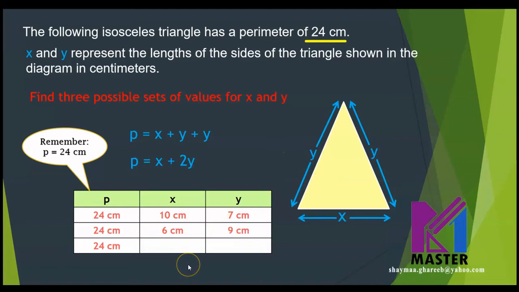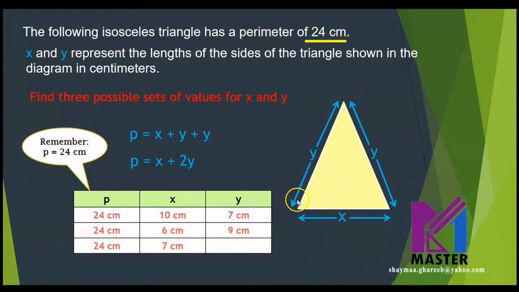We can put another value for the x. What if x equals 7 centimeters? So in this question, you can try many values of x and each time find the value of the y. Is it clear? So there are many different answers for this question. So if x equals 7, then the two other sides will be 24 minus 7, which is 17.